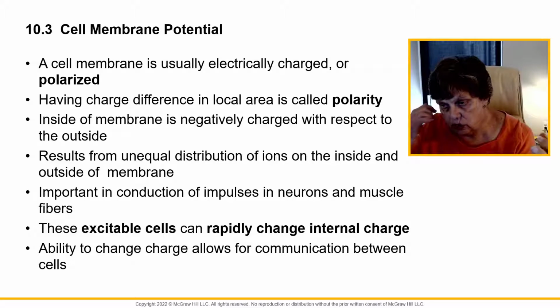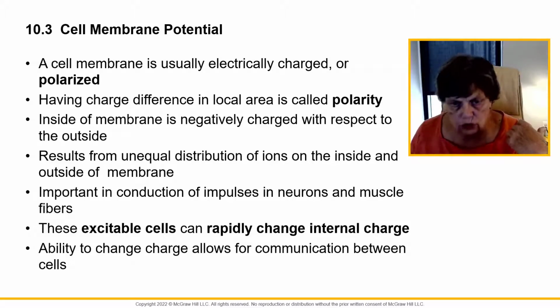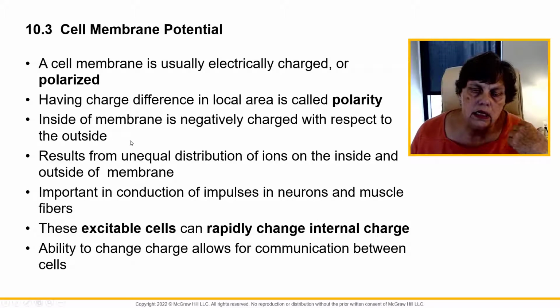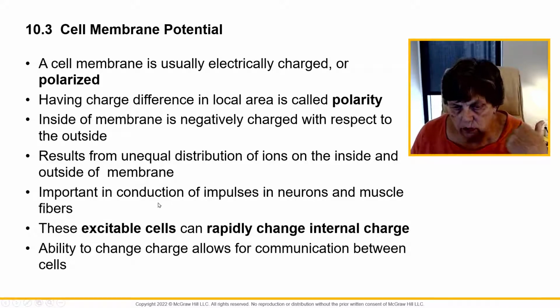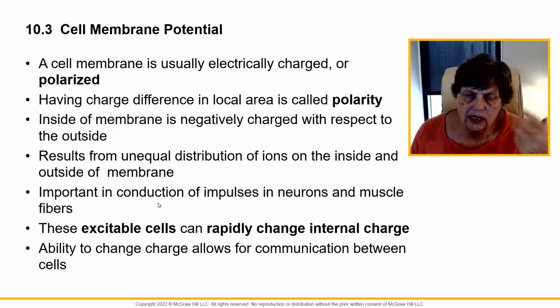The outside is usually more positively charged because of the ions. So you have an unequal distribution of ions on the inside and the outside of the membrane. And basically what's going to happen is we're going to have to move some of these charges. But that's important in the conduction of this.